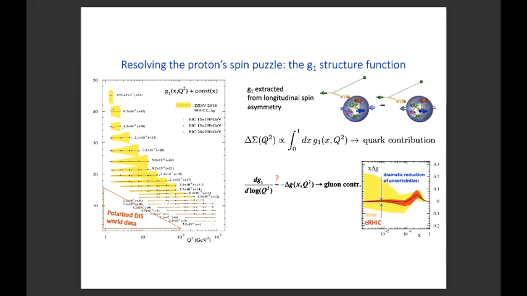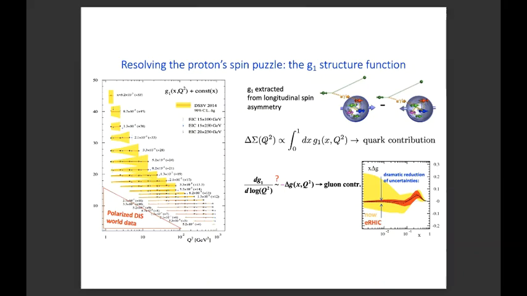And in fact, if you believe, as people who do perturbative QCD do, that the logarithmic derivative of g1 is proportional to the gluon polarization, so that's delta G, then the yellow band here shows you the uncertainty corresponding to these extrapolations in this polarized gluon distribution as a function of x. And you see it's very large.